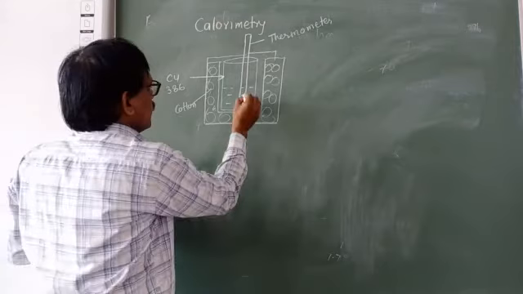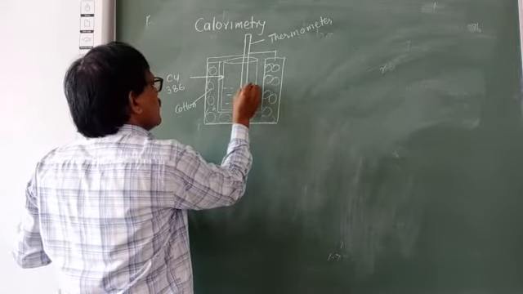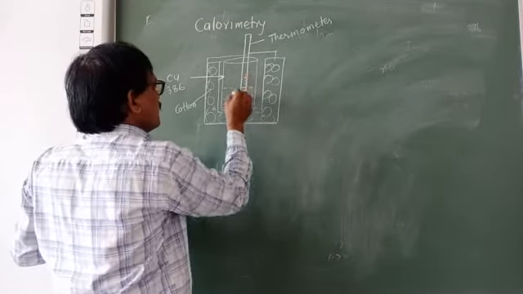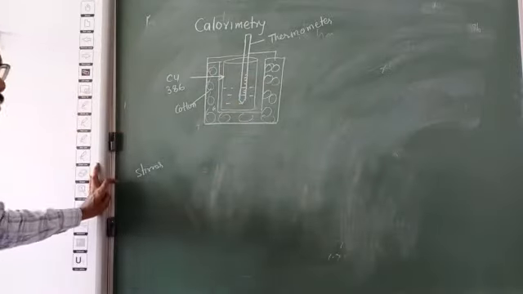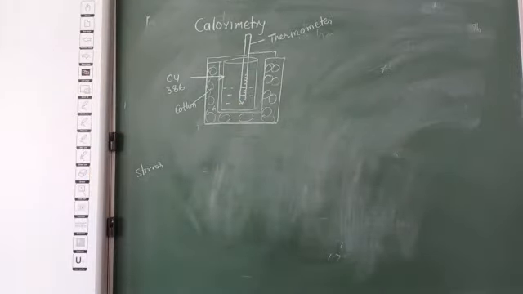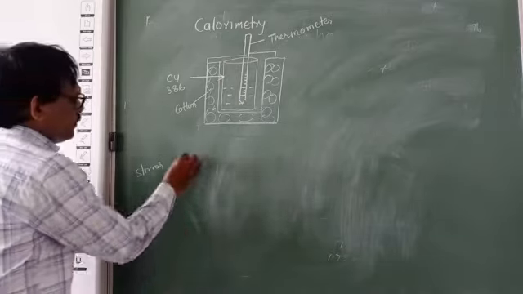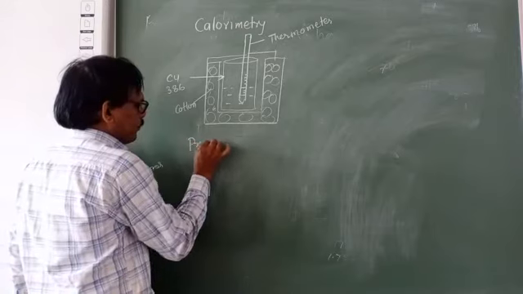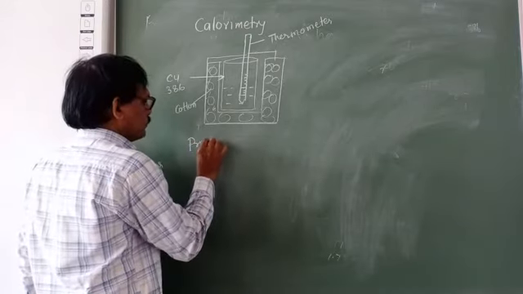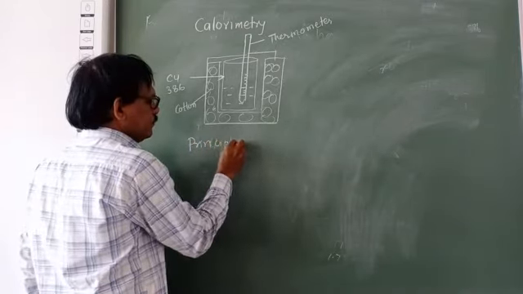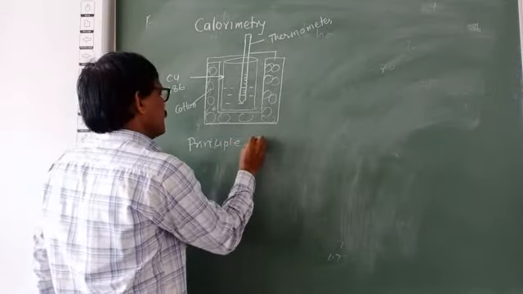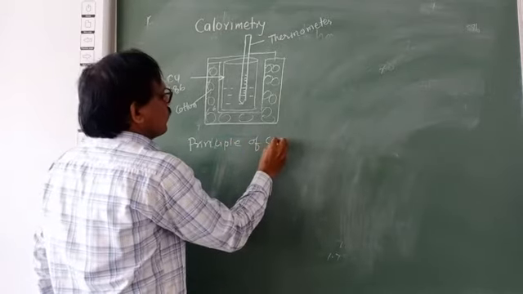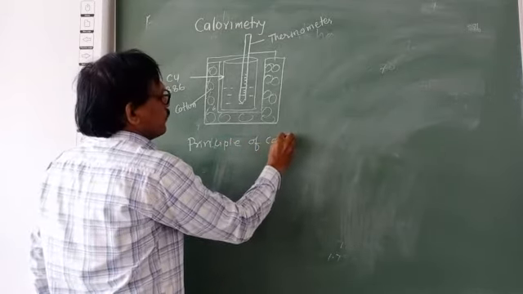which also consists of one thermometer here to measure the temperature, and one stirrer can also be used to maintain the same temperature. According to the principle of calorimetry, heat loss equals heat gain.